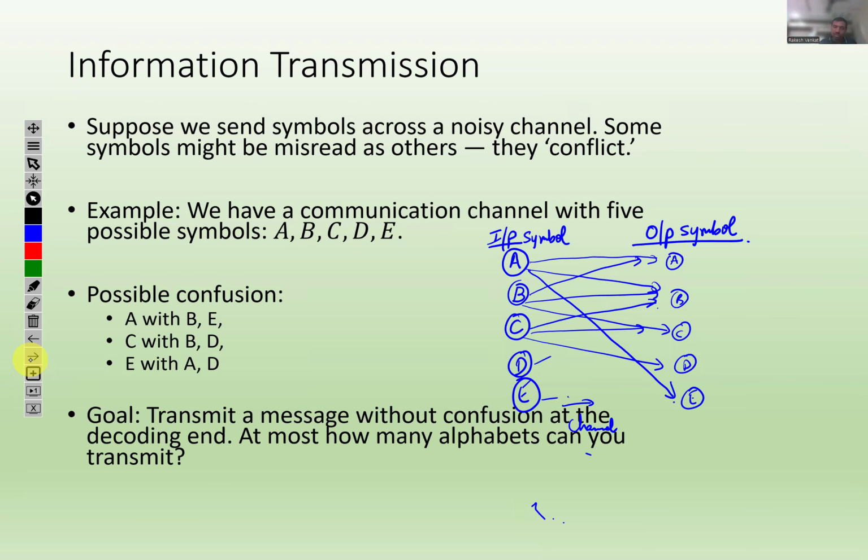So you could do the same modeling as before. If I send A, it conflicts with B and E. B clearly has a confusion with A as well. I didn't write B with A, but that's just the confusion.